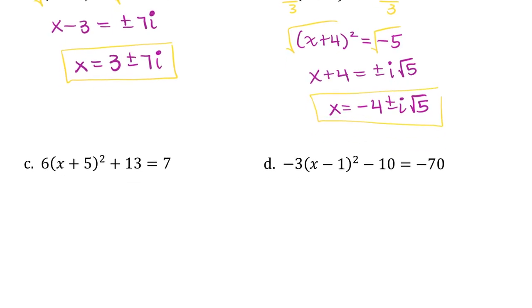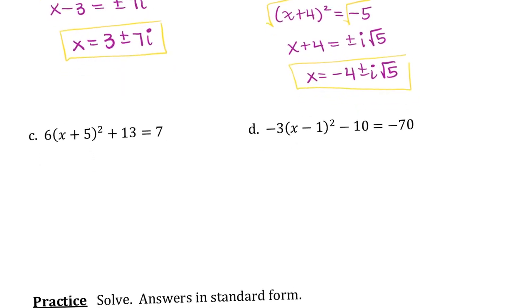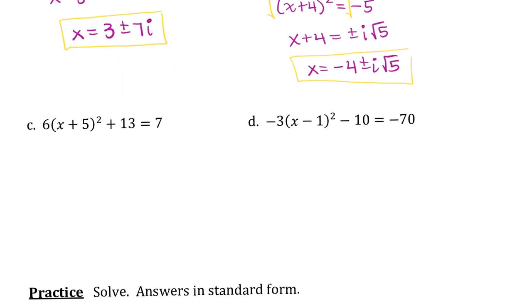Let's do a couple more and then you're going to do the practice on your own. Okay, C. I see the square root. 6 minus the 13 over. So 6x plus 5 squared. 7 minus 13, negative 6. And now I've got this 6, so let's divide by 6.